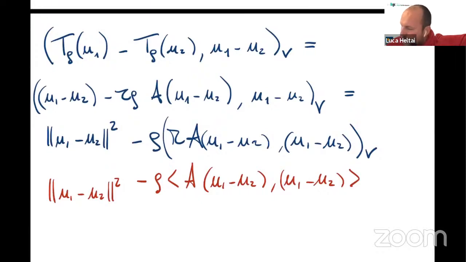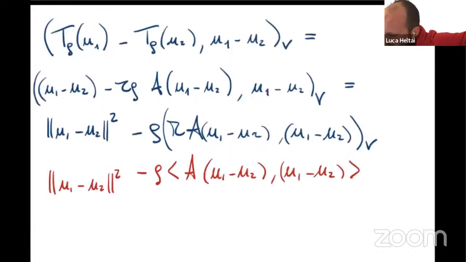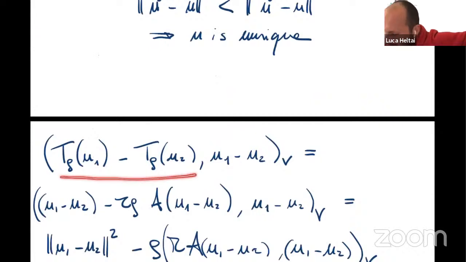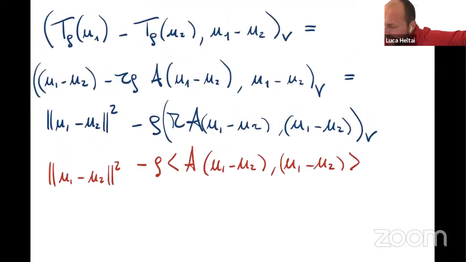And now what I would like to show is whether this term is actually smaller or equal than U1 minus U2 in norm, okay?